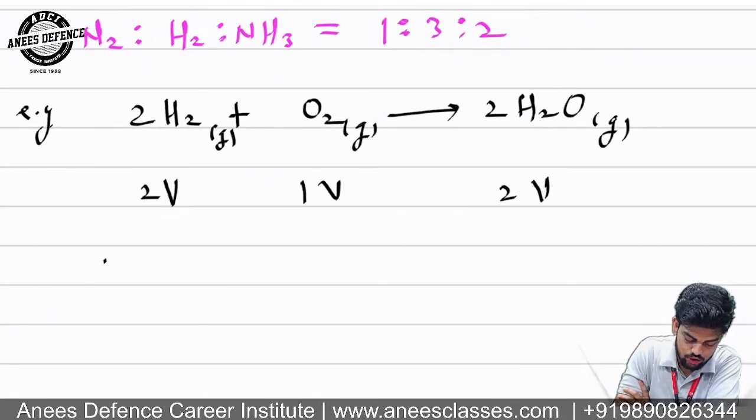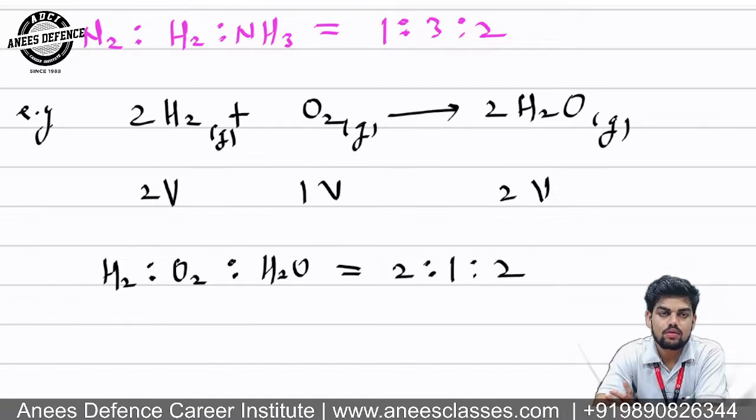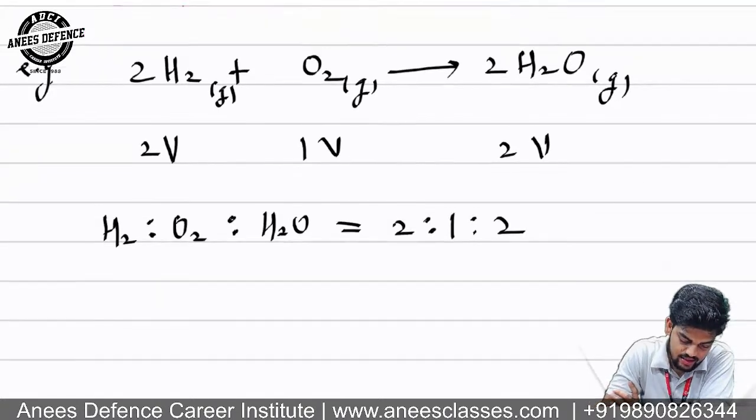So the ratio of their volumes, hydrogen to oxygen to water, is simply 2:1:2. So in this law, we have seen that when gases combine or produce, their volumes are always in a ratio of simple whole numbers. Let's take another example.